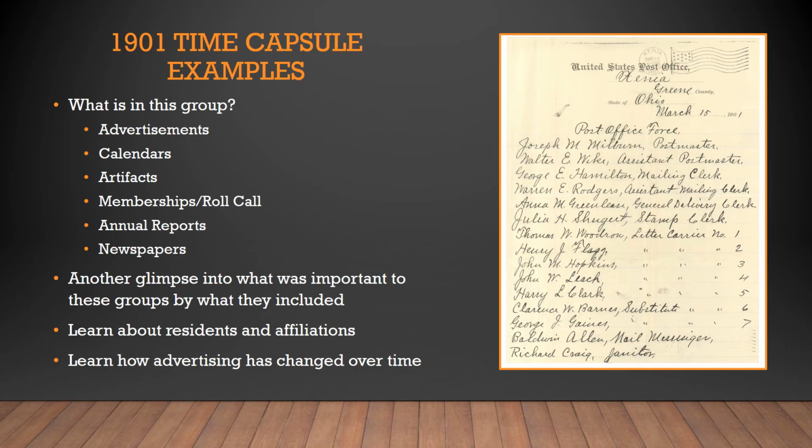In this selection of items, we have advertisements for local businesses and organizations, such as the Boots, Bales, and Conklin stone business. There's also a calendar which doubles as an advertisement for the Avian Kazid Coal Company.